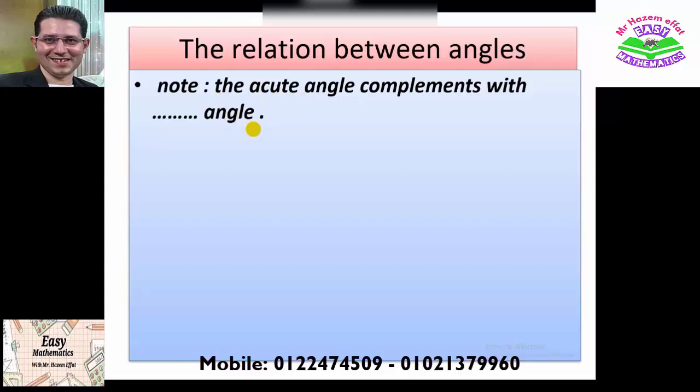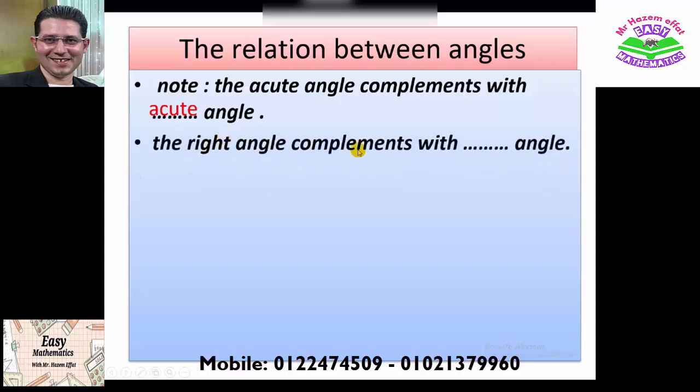To find the other angle, we subtract 40 from 90, it will be 50. 50 also is acute. Then we can deduce the acute angle complements with also an acute angle. Okay? And consider this as a rule. Any acute angle complements with an acute angle.